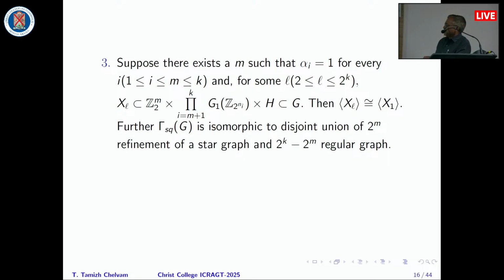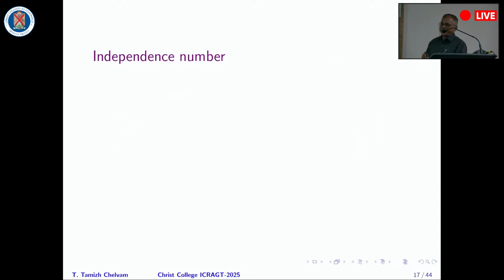So it is partially a 2^m refinement of a star graph, and the remaining are regular graphs. And the diameter is infinity, the width is either 3 or infinity, fine.